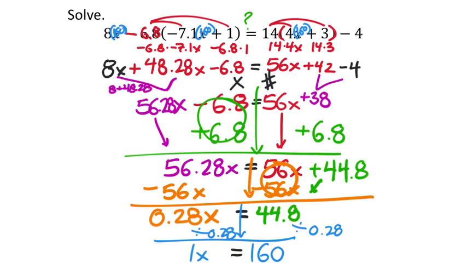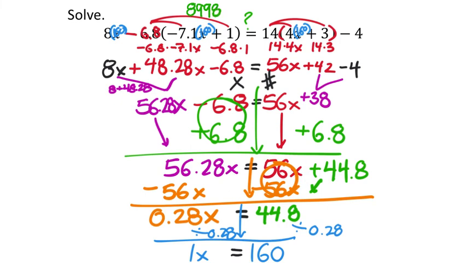So in my calculator, I've got 8 times 160 minus 6.8 parentheses, negative 7.1 times 160 plus 1 close parentheses. And on the left side, I get this, well, it's kind of a big number, but it's doable, 8,998. On the right side, we should get the same thing.